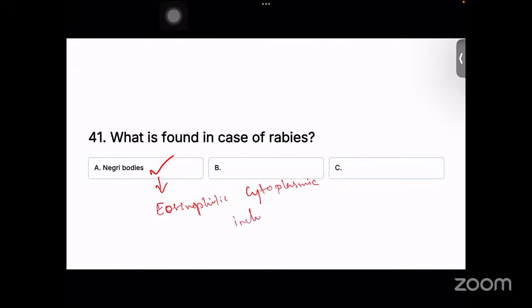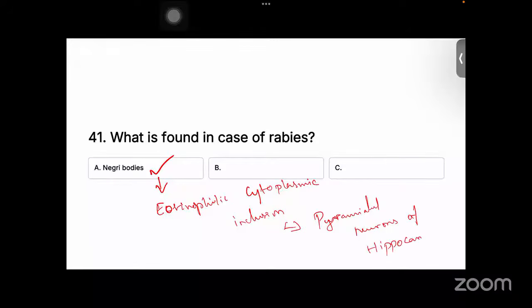You will see them in the pyramidal neurons of your hippocampus. What is that, the pyramidal neurons of your hippocampus? We used to call it Ammon's horn. And also you will see them in the Purkinje cells of your cerebellum. Okay. So Negri bodies are the common eosinophilic cytoplasmic inclusion bodies found in rabies.